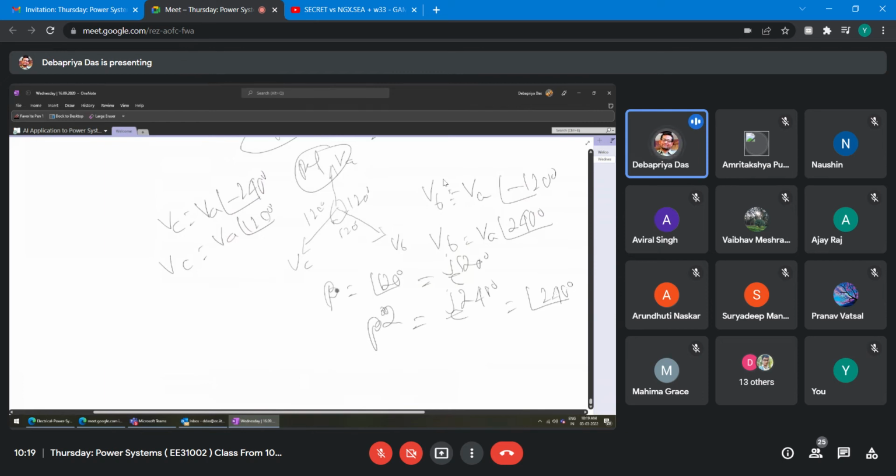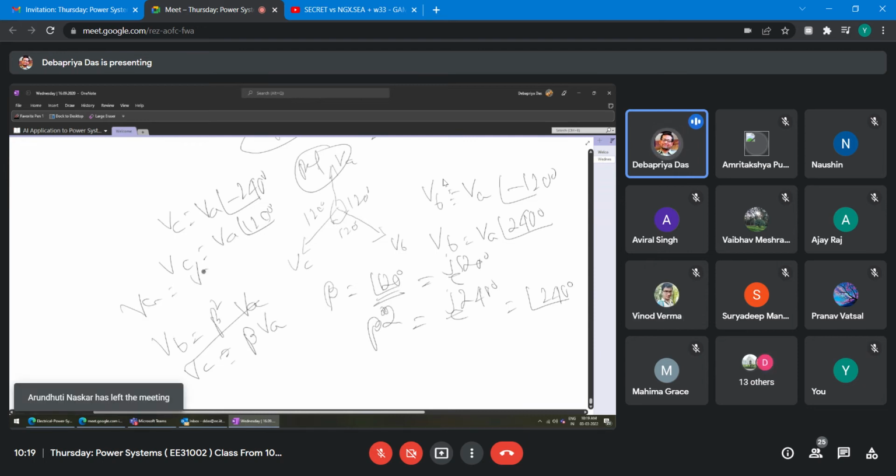Therefore this VB you can write as beta square VA. Similarly VC is angle 120 degrees, because minus 240 means angle 120 degrees. So beta is angle 120 degrees, which we have taken. Therefore VC is equal to beta VA. So VB is equal to beta square VA and VC is equal to beta VA, with VA as the reference.